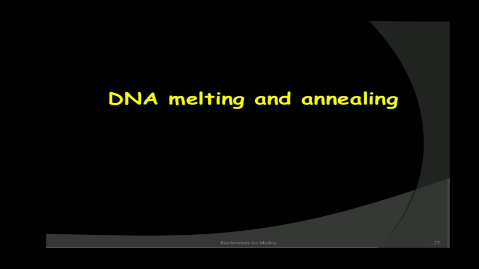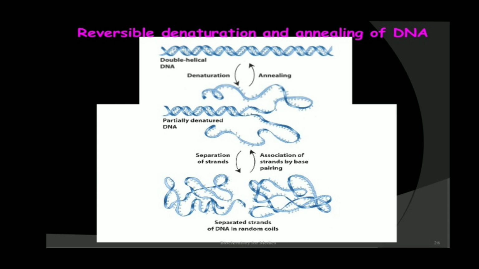These different molecules get together to form the structure of DNA, but they can also be separated, right? So that we are going to see. So, reversible denaturation and annealing of the DNA. This is very important in DNA replication. We will see in the next lecture what is meant by DNA replication.